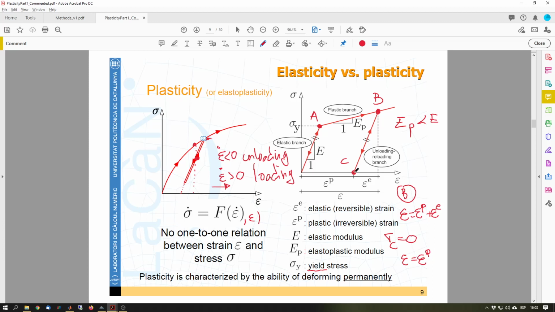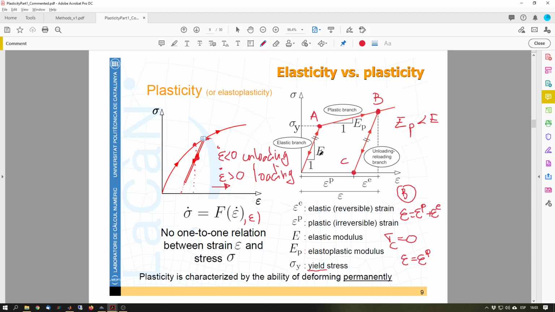In fact, my stress at that point is proportional only to the elastic strain. So we keep this proportionality of linear elasticity, but bear in mind that we have this shifted branch with respect to the initial linear branch.